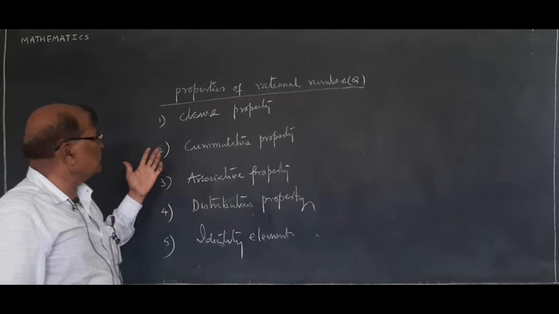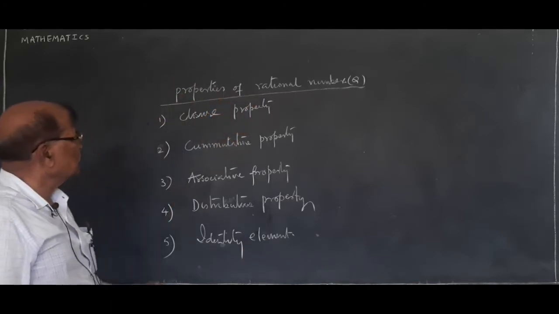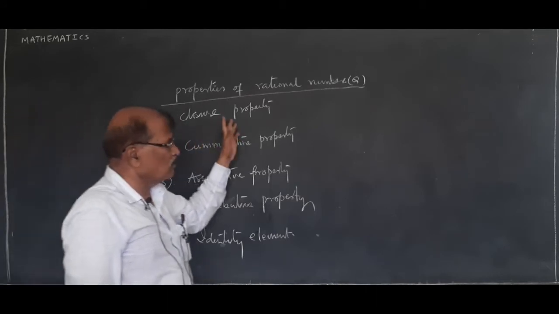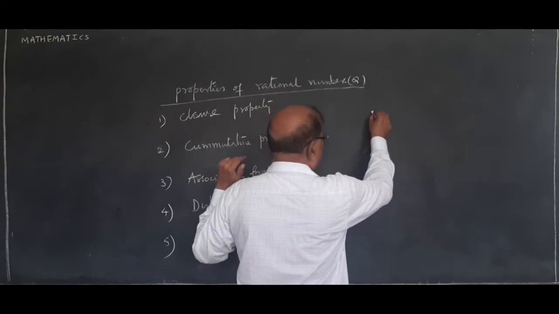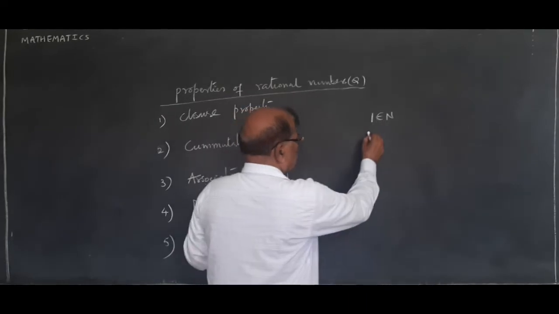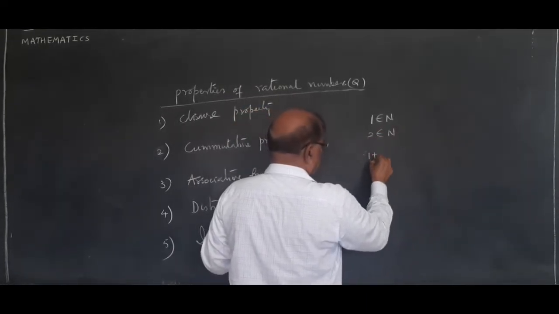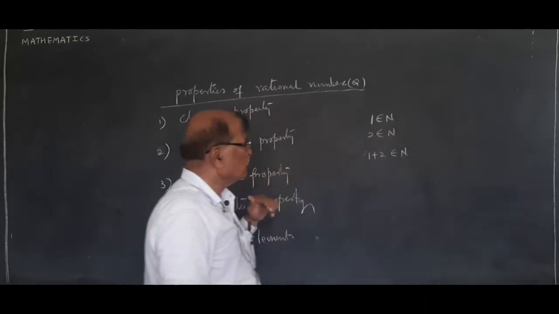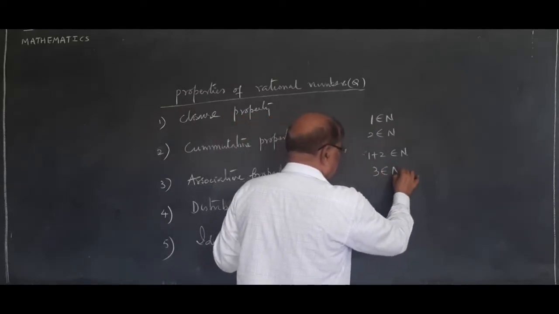Let us observe the properties of rational numbers. Closure property. What is a closure property? Suppose 1 belongs to N, natural numbers, and 2 belongs to N. 1 plus 2 belongs to the set of natural numbers, so 3 also belongs to the set of natural numbers.